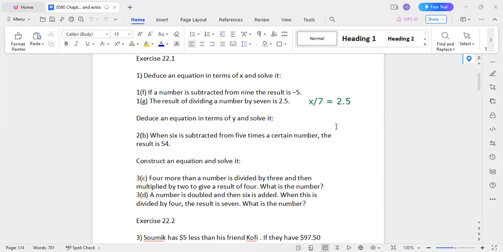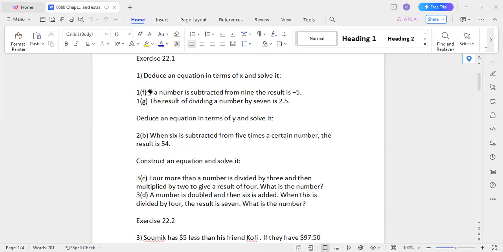Yep, because we need to move 7 to the other side. So when you multiply x over 7 by 7, you get x. Alright, what is 7 times 2.5 then? 17.5. Yep, very good.